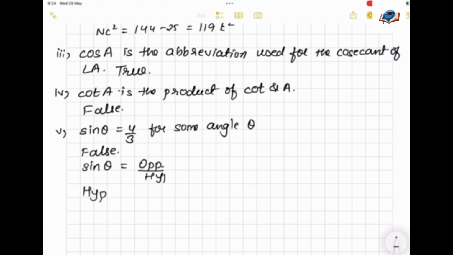Hypotenuse is the longest side of the triangle. So if the longest side is 3, the smallest side can't be 4. Therefore sin theta cannot be greater than 1.